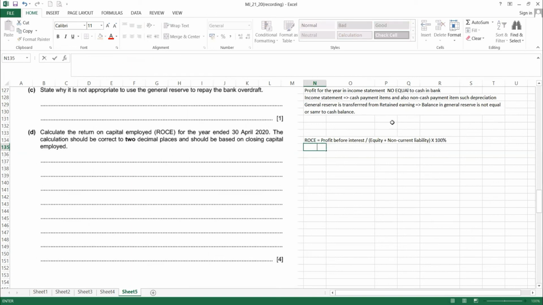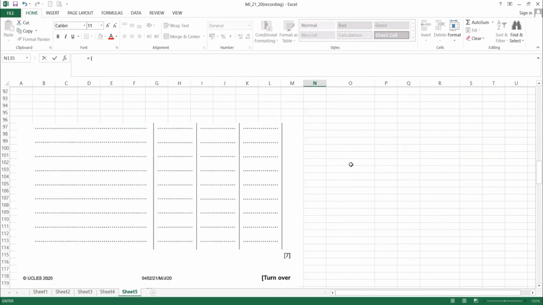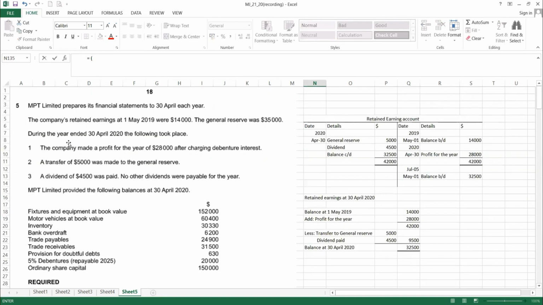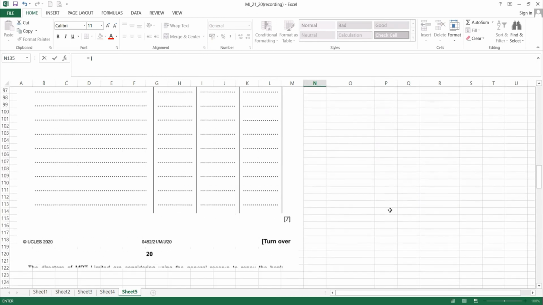So now we go based on the formula that we have. Profit before interest. The question given to us says the company made a profit for the year of 28,000 after charging the debenture interest. This indicates that it is after debenture interest, so we have to change it to before interest.